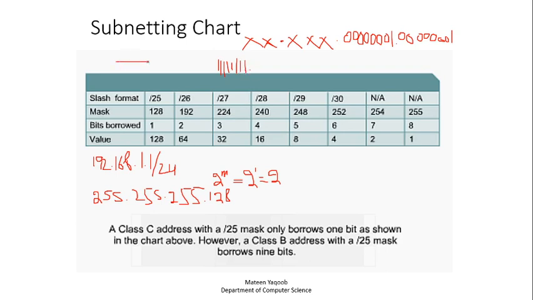So basically what I am doing here is converting the classful subnet mask, or the original class subnet mask, to the binary 255.255. So this was our given IP address, and this was our given subnet mask.